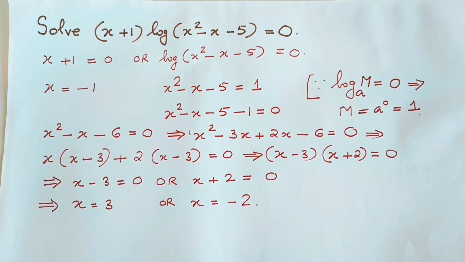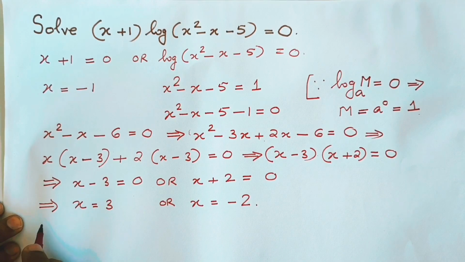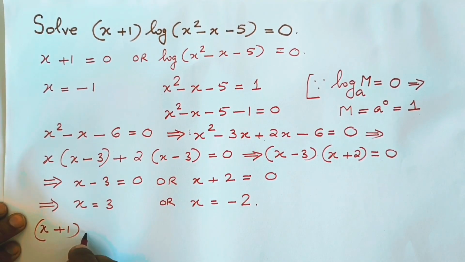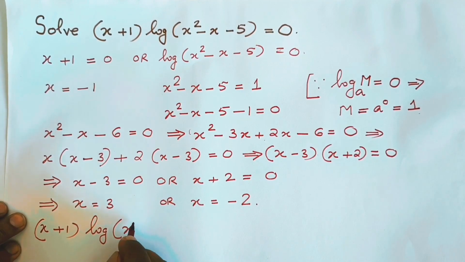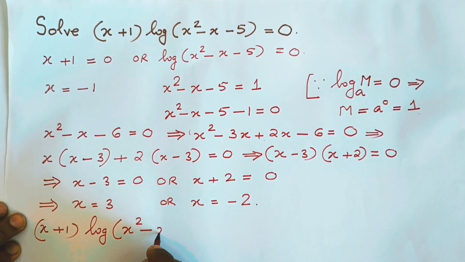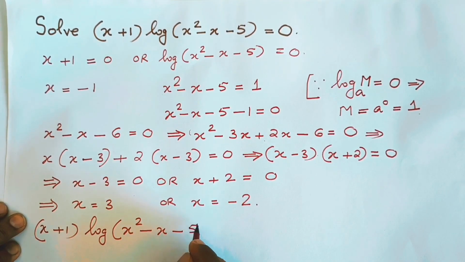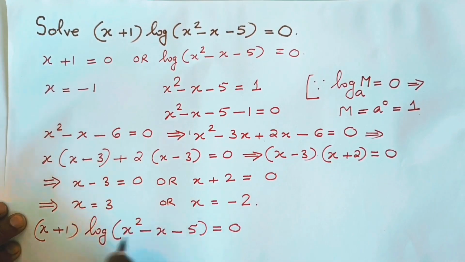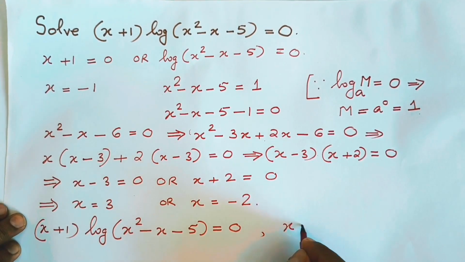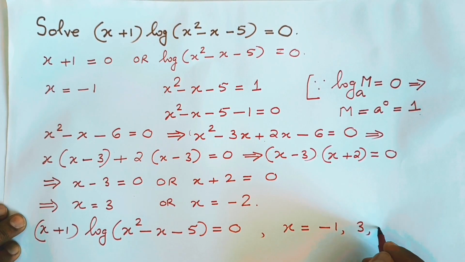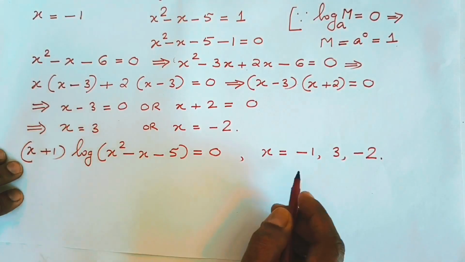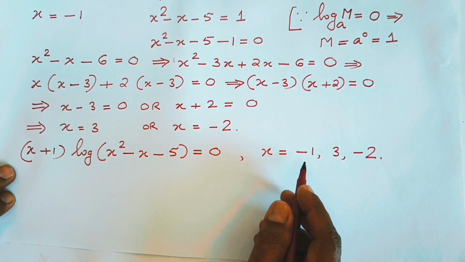Now let's substitute these three roots in the basic equation given to you. The basic equation is (x + 1) multiplied by log(x² - x - 5) equal to 0. The roots are found to be minus 1, 3 and minus 2. Take the first one, x equal to minus 1.